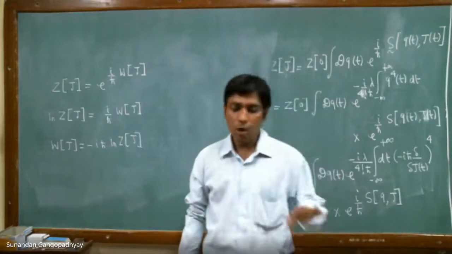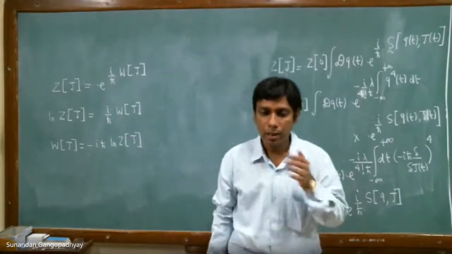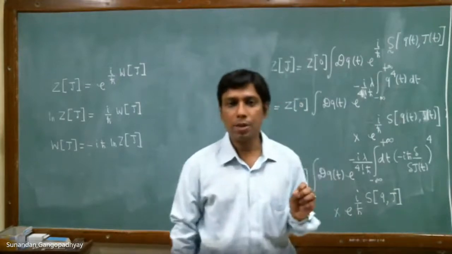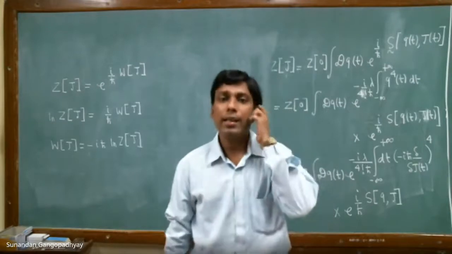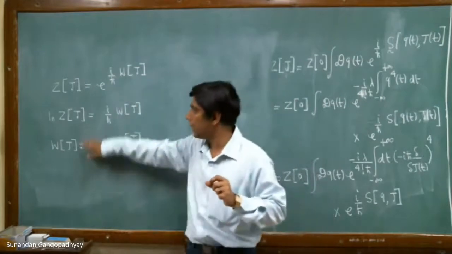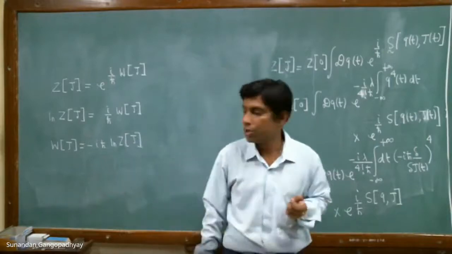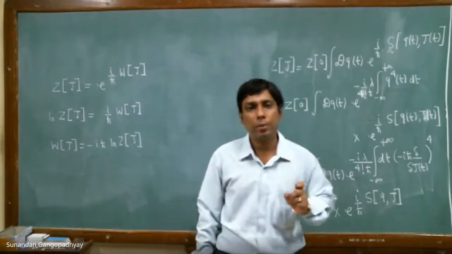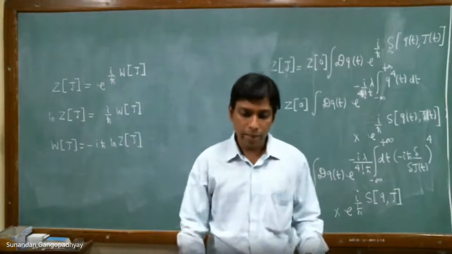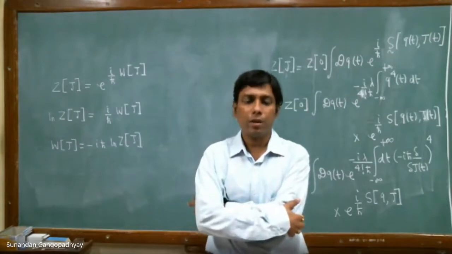I introduced the Feynman-Green's function in the previous lecture, and I told you that I shall compute it explicitly in a subsequent lecture, and in the next lecture I shall calculate the Feynman-Green's function explicitly. But before that, I shall show you something about this Schwinger functional, and then I shall start computing the Feynman-Green's function. Because the Feynman-Green's function is the important object that appears in the two-point function, right? So we should have an explicit expression for it.